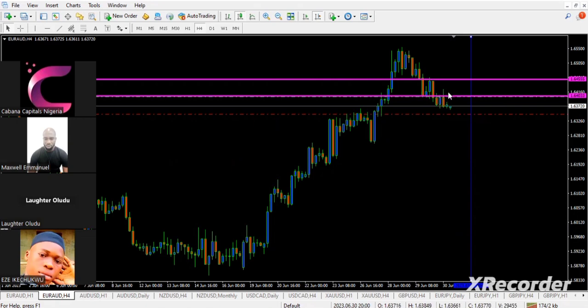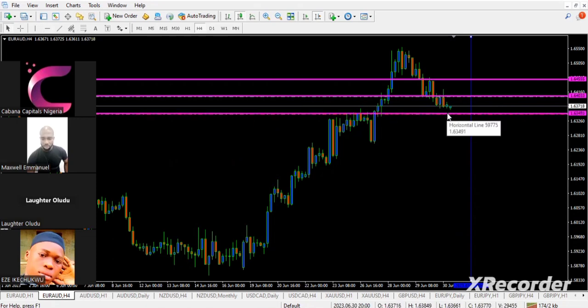You could see we have a support here. This support is likely going to hold. But if this support is broken, then Euro Aussie could drop to this next support.